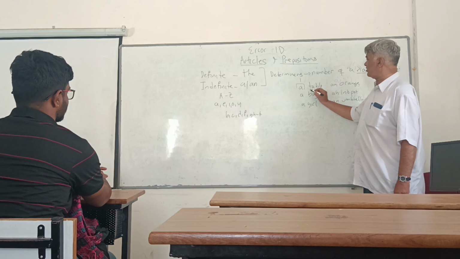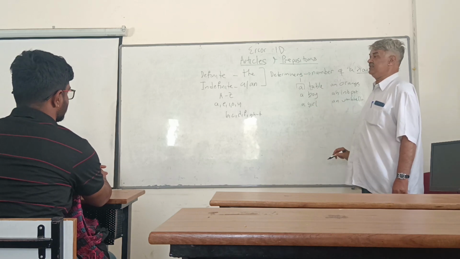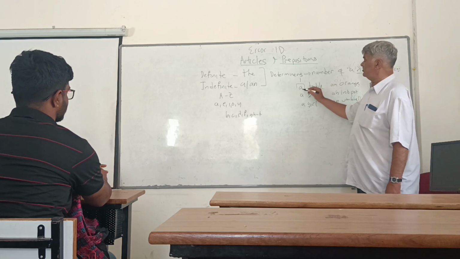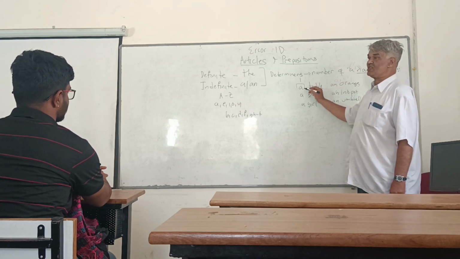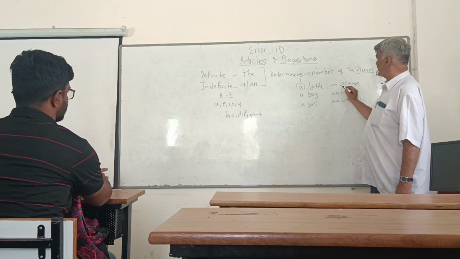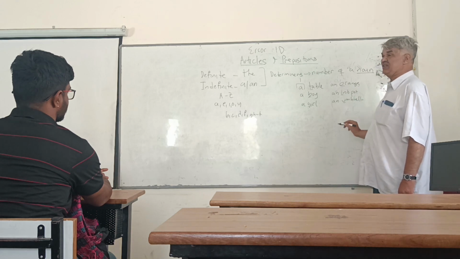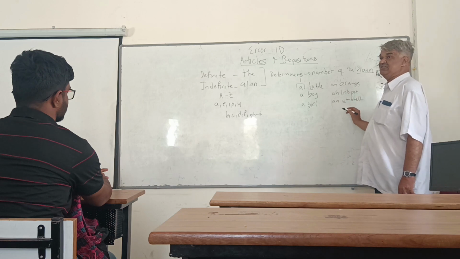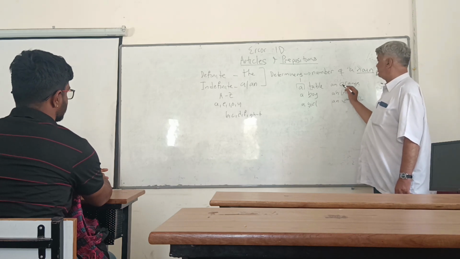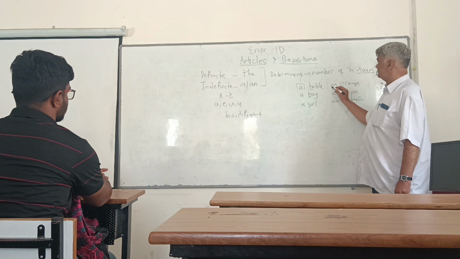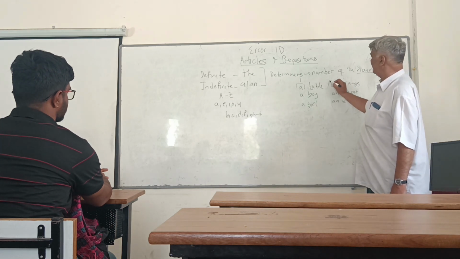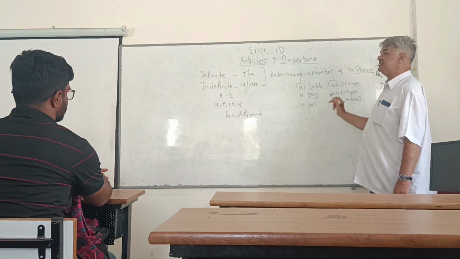These are consonants, so before a word beginning with a consonant, we use a. But notice these: orange, inkpot, umbrella. They begin with a vowel. Before a word beginning with a vowel, we use an. Both a and an show the singular.